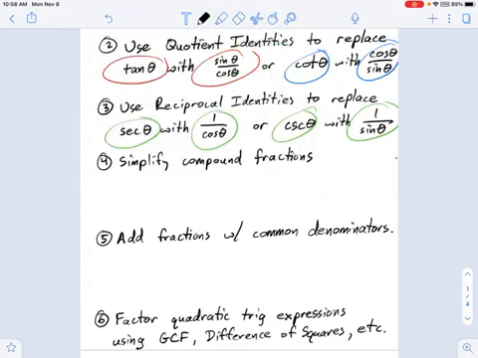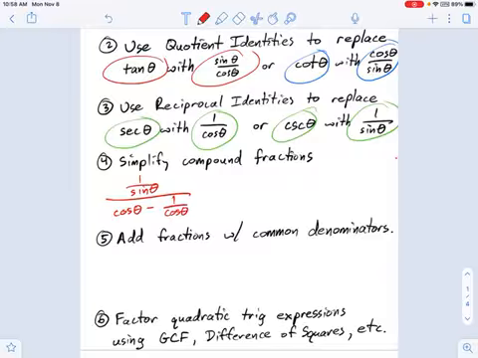And it might feel like that's not a great way to go, but eventually, it's helpful. If you have a compound fraction like this, 1 over sine theta divided by, I don't know, cosine theta minus 1 over cosine theta. Okay, it's ugly, right? There are fractions within your fraction.